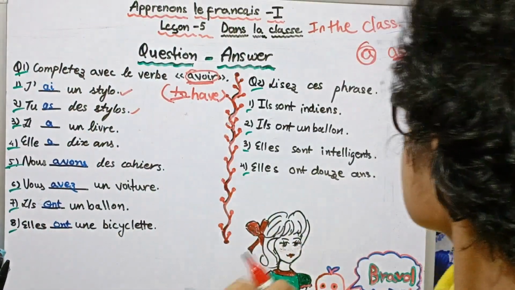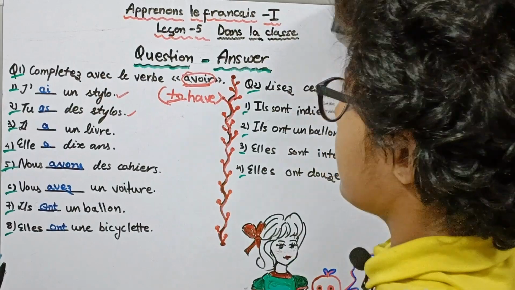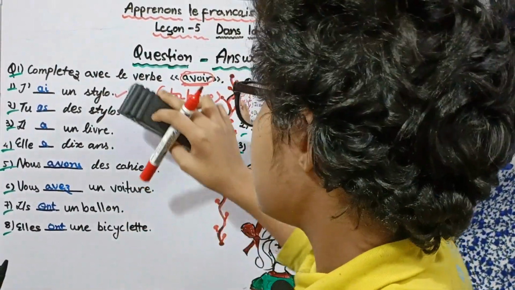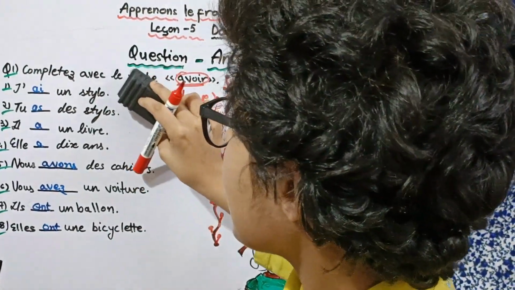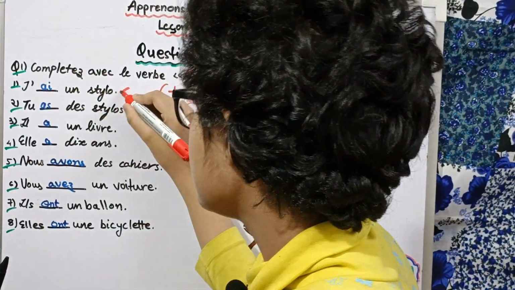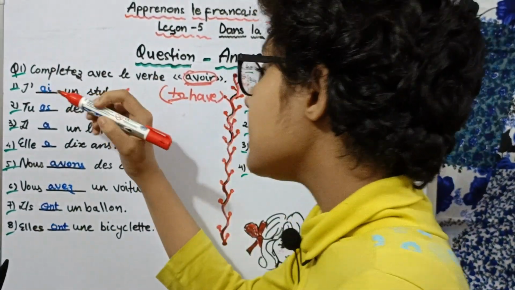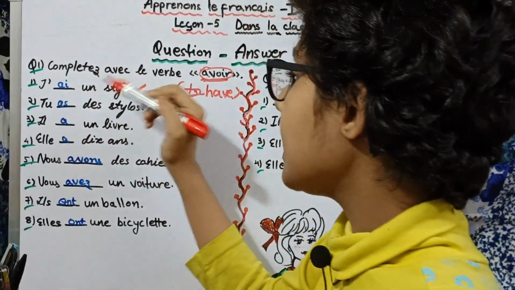So now let us start reading with the first part, that is j'ai un stylo, which means I have a pen. Now how do we connect this sentence with have? The reason behind this is that I dash a pen.